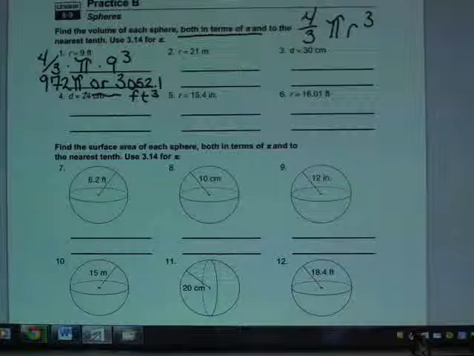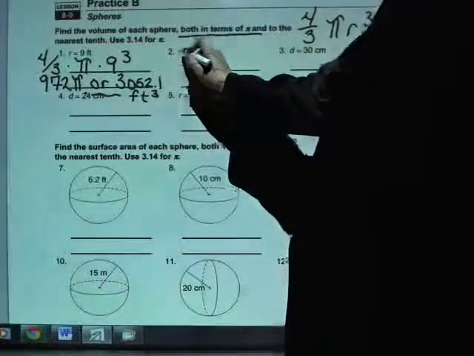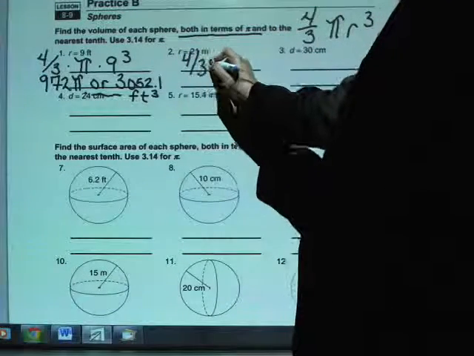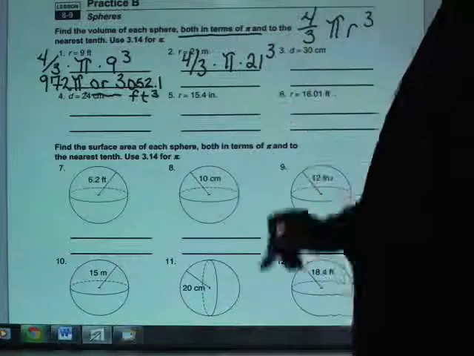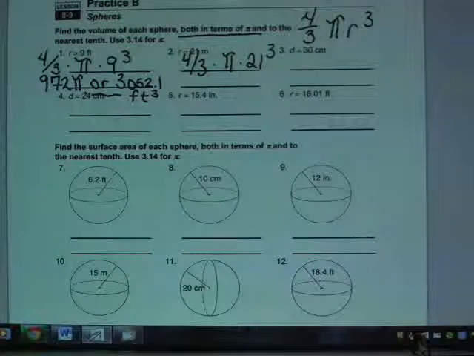All right, if we take a look at number 2, same formula, but r now is 21. So this is 4/3 times pi times 21 cubed. I'm going to do that 21 cubed, 21 times 21 times 21, which is a really big answer, 9261. And then I'm going to multiply by 4 and then divide by 3, and that's 12,348.